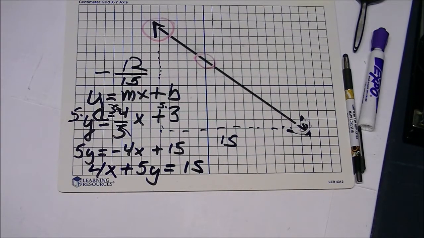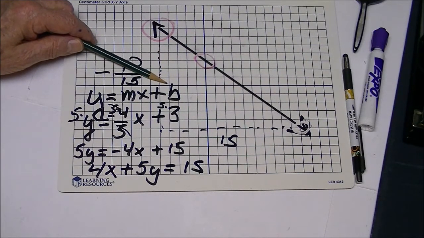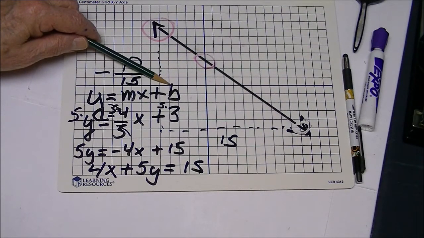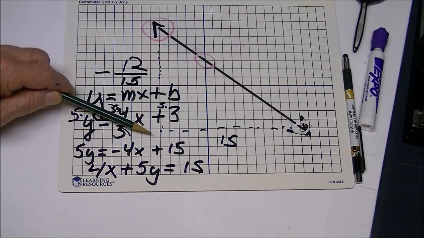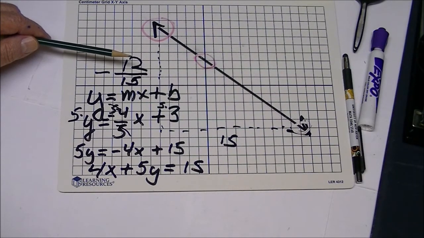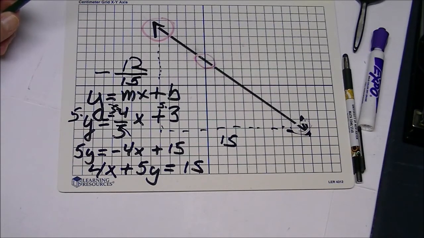So we started off with just the line, we thought of the slope-intercept form, where we have our y-intercept, which we figured out was 3, where the line crosses the y-axis. And then we made a little right triangle. Now we probably could have made others here, but you can make it in a number of places.